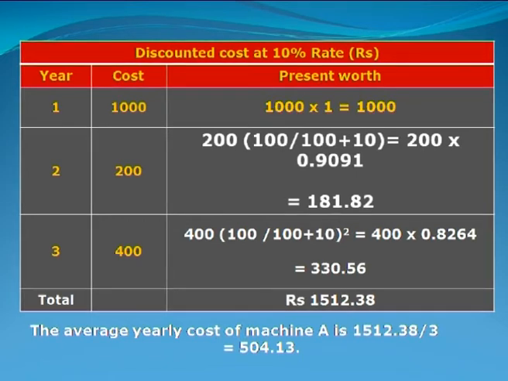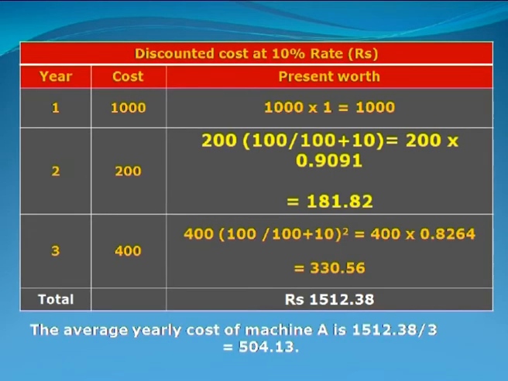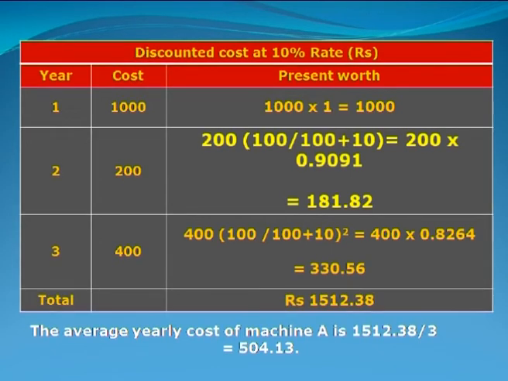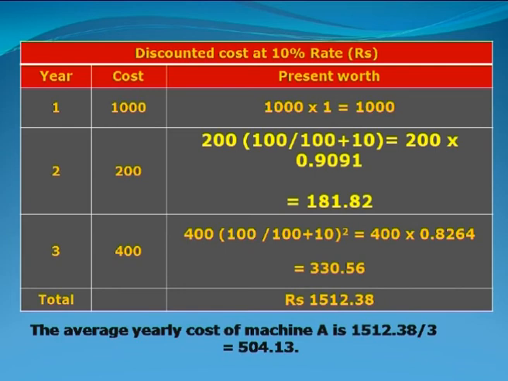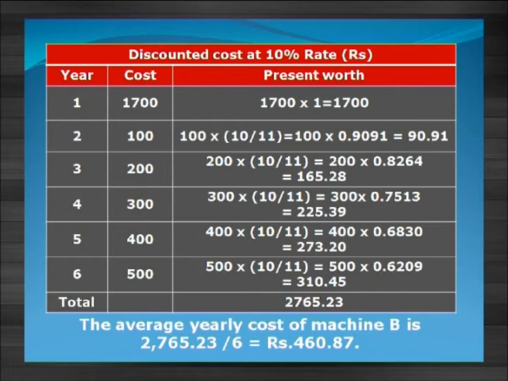We will get the present worth as 1000 for the first year, 181.82 for the second year, and 330.56 for the third year, which gives a total of 1512.38, and the average yearly cost of machine A is 1512.38 divided by 3, which is equal to 504.13.